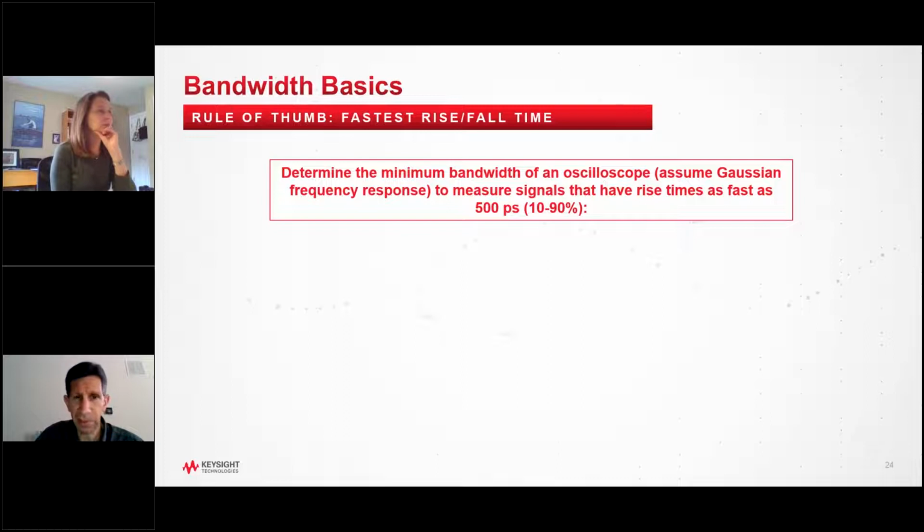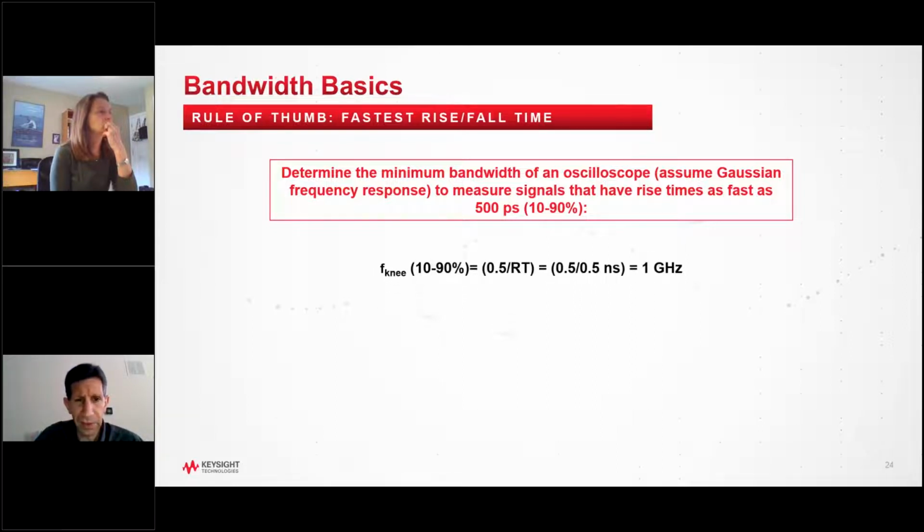So here's an example. What scope bandwidth do I need to measure a signal that has rise times as fast as 500 picoseconds, or half a nanosecond, 10 to 90? You want to look at the fastest rise time you expect to measure. That's going to drive your highest bandwidth.